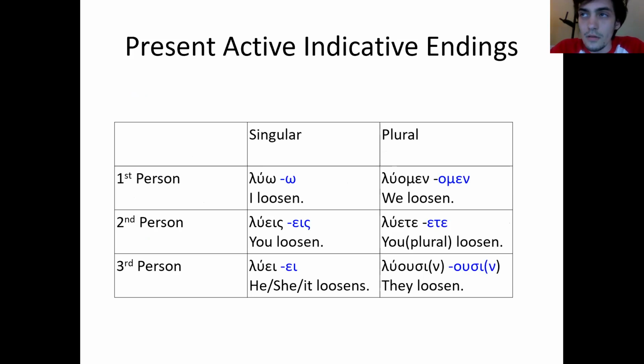Now, let's just give you this at the beginning of the lecture, and then I'll give it to you at the end when you come to understand it a little more. We'll be talking about present, active, indicative. We'll explain each of those in turn in order that we can understand what exactly this verb is.